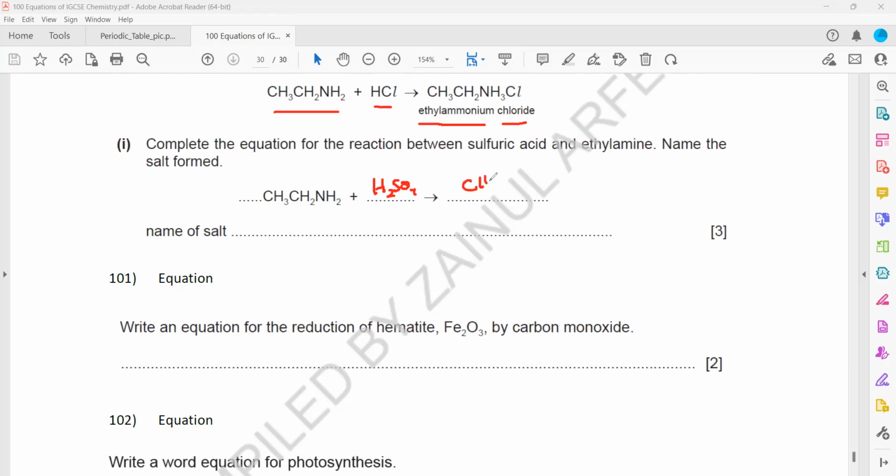So it will be CH3CH2NH3, because it was NH2, then it becomes NH3, and sulfate SO4. But sulfate has a valency of -2, so this should be 2 here. And what is the salt produced? It will be ethyl ammonium sulfate.